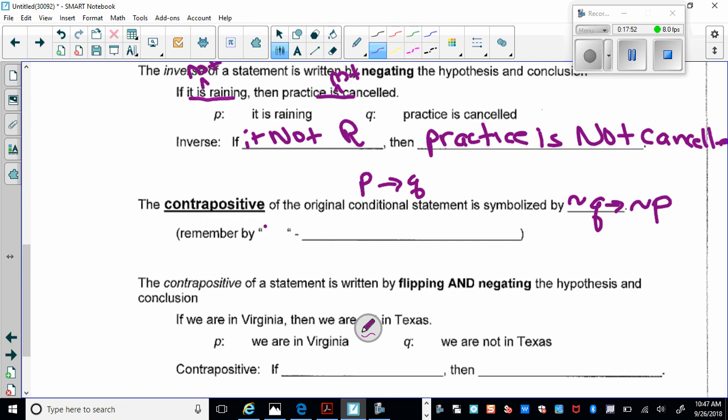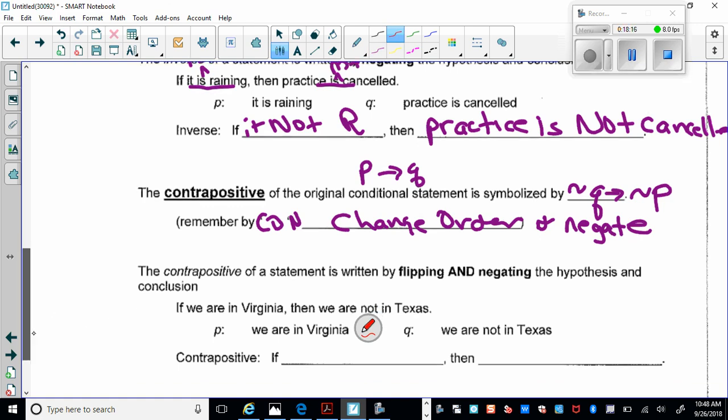The contrapositive is the longer one. It has a C, an O, and an N, which means change, order, and negate. So I have to change the order and then negate the statement.